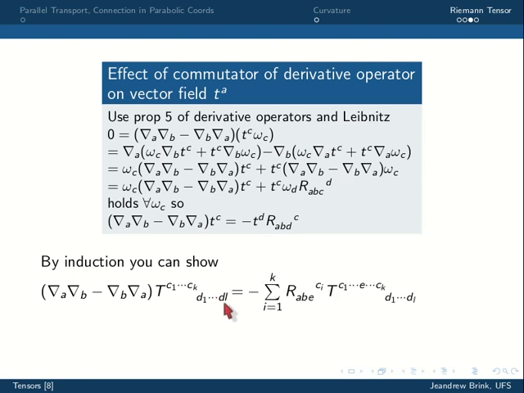And so what we have over here is that where we have our vector indexes, we contract with the third index over there. And where we have the one form indexes, we have a plus. And we choose the one form index, for example, e, and we contract it with the fourth index of the Riemann tensor. Okay, so once you have your metric, or once you have your Riemann tensor, you can always switch the order of differentiation.